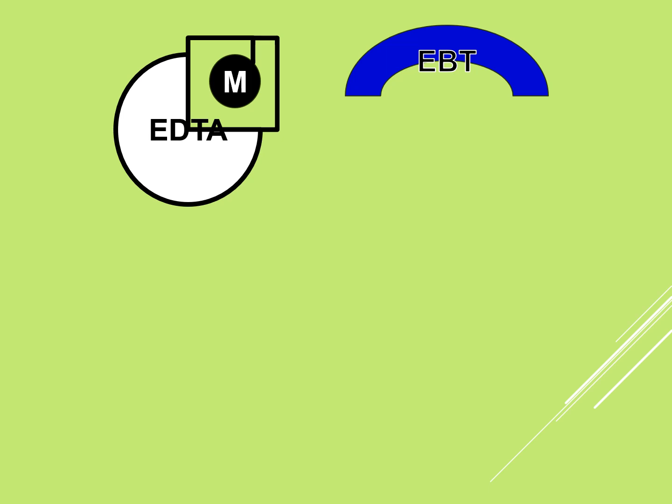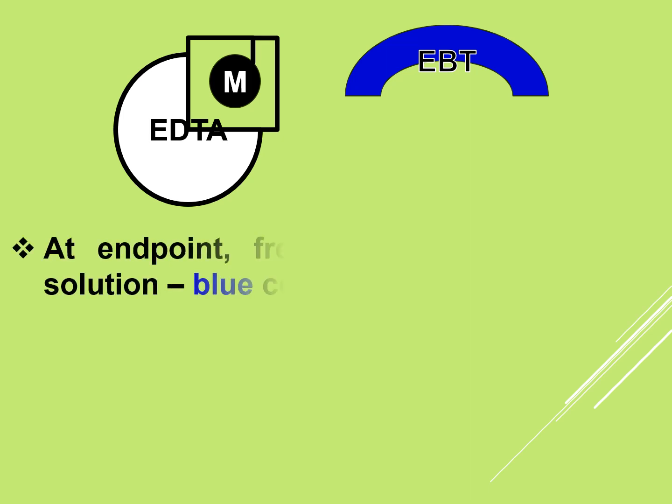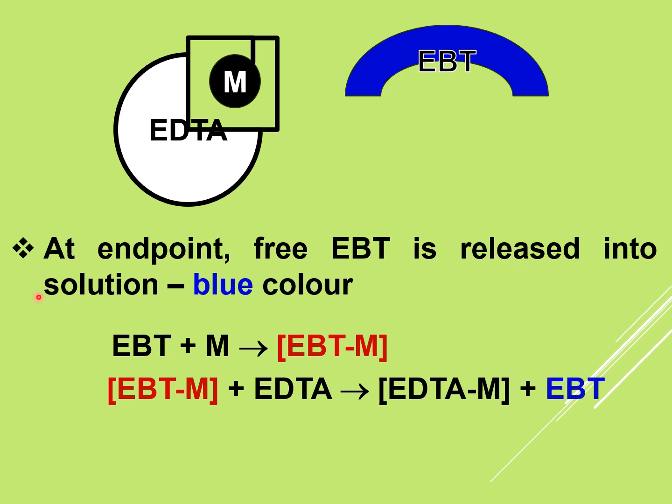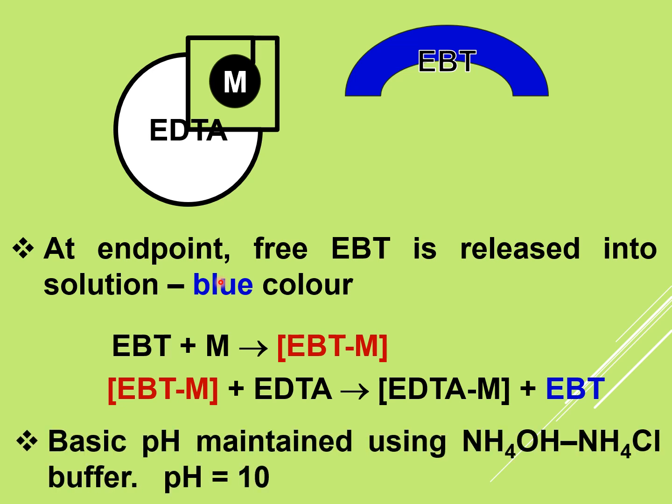When it sits alone, its color is blue. At the end point, free EBT is released into the solution, you get a blue color. So that is the end point. The change at the end point is from wine red to blue. So if this is wine red, after titration, you get a blue color. Wine red to blue.